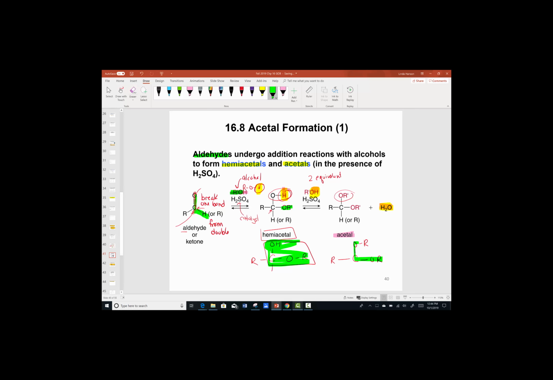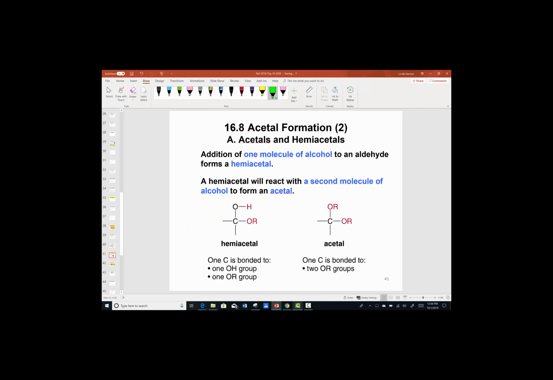And this is going to take a little practice, so let's keep looking at it. When we add just one molecule of an alcohol, it leads to a situation where we have a hemiacetal. Here's the carbon that used to be the carbonyl carbon of a double bond. So remember, here is how it started, either a ketone or an aldehyde, but we called this a carbonyl carbon.